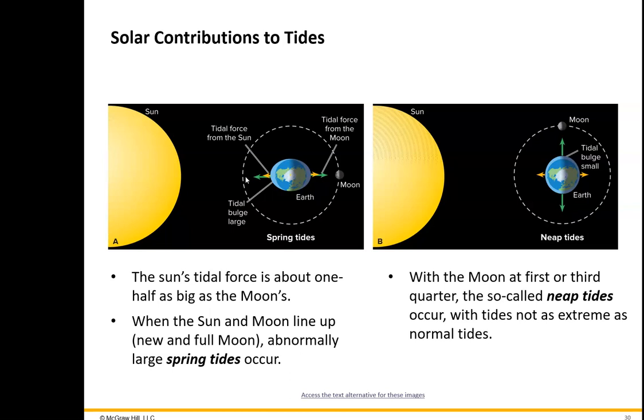All right, so when that happens, you get what are called spring tides. Let me make sure I get this straight, okay? Because sometimes I confuse myself with it. These are the highest high tides that you can possibly have, right?